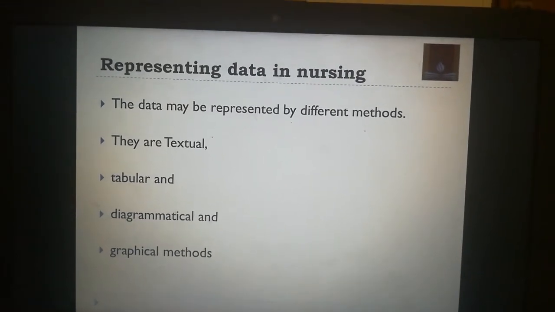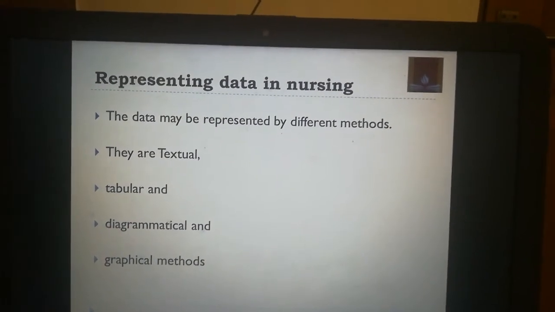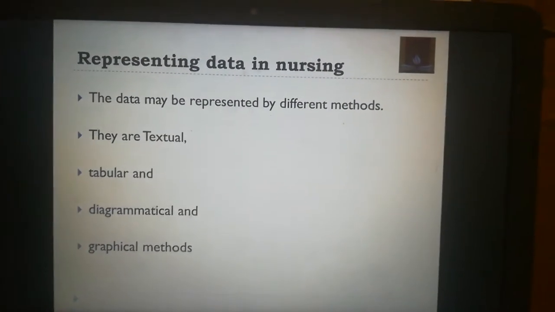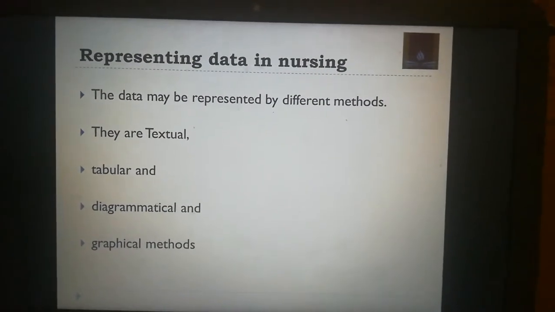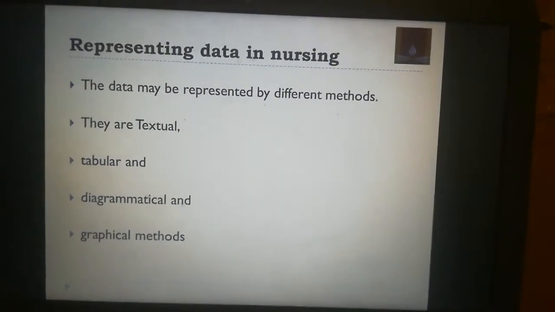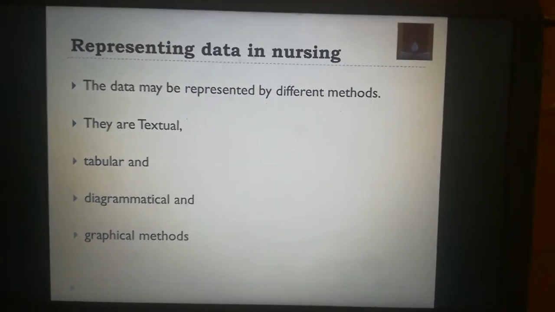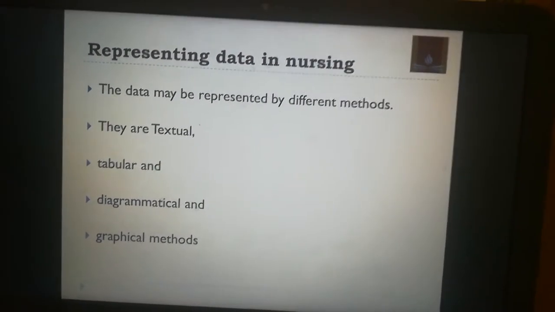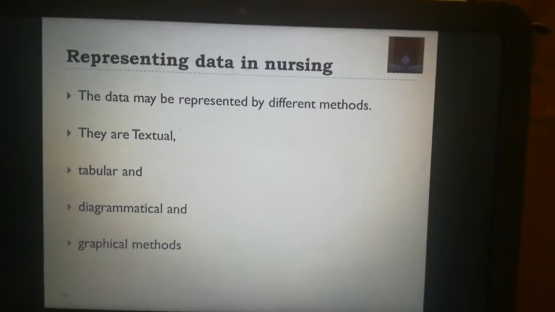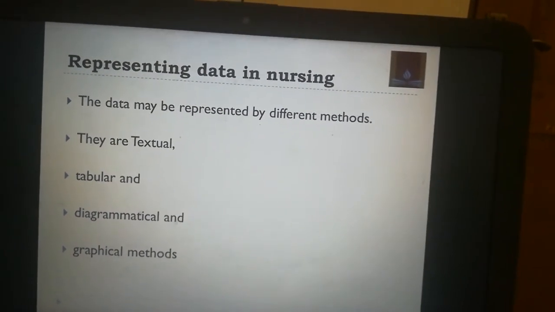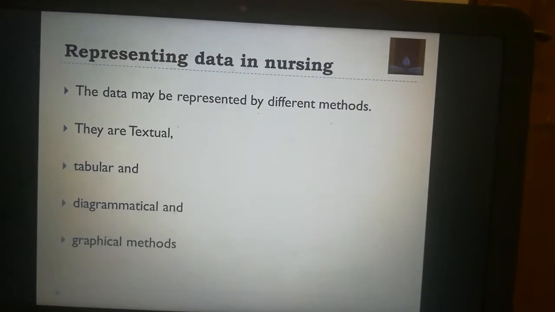Next, let's see how we represent data in descriptive statistics. We can represent the data by using different methods. They are textual method, tabular method, diagrammatic and graphical methods.